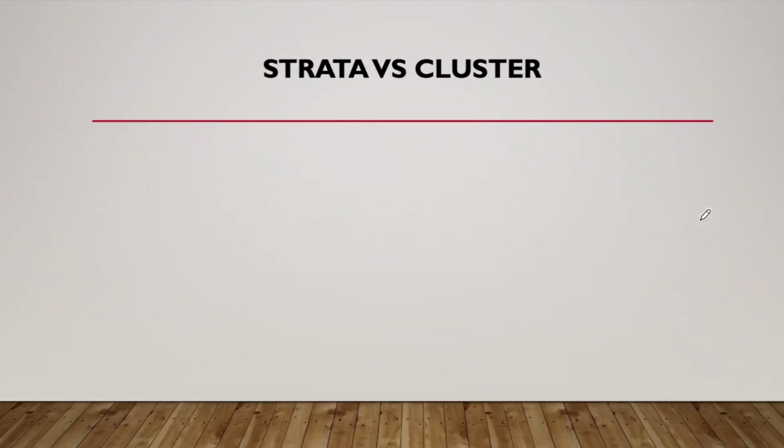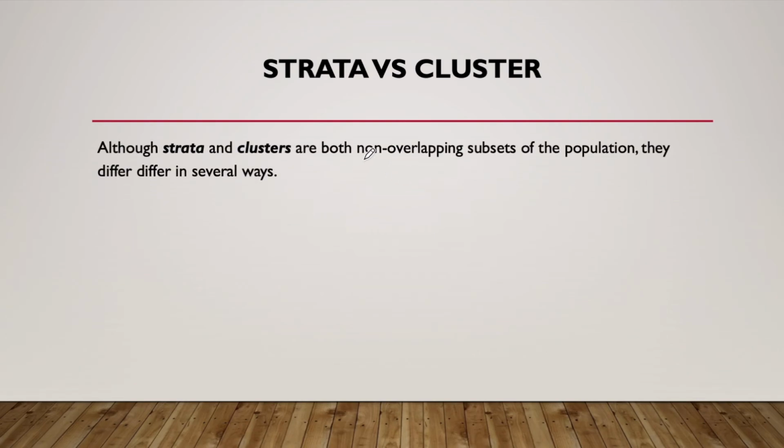Before we end here, I'll just have some remarks comparing a stratum and a cluster. Although strata and clusters are both non-overlapping, mutually exclusive subsets of the population, they differ in several ways.